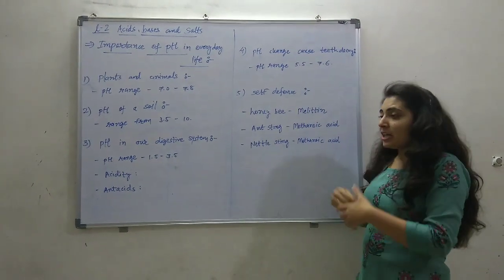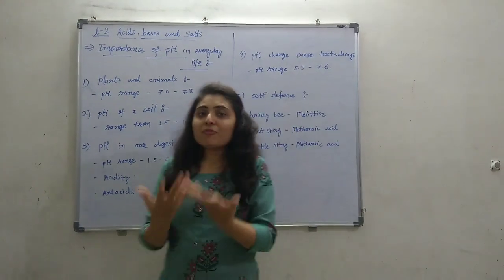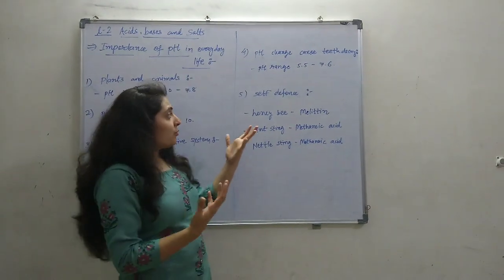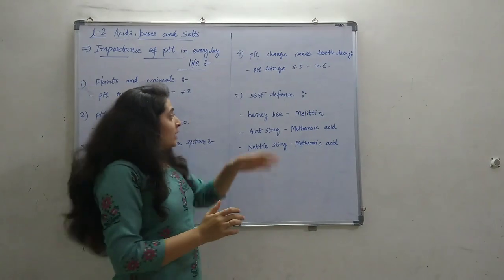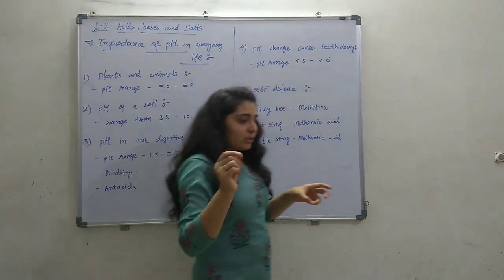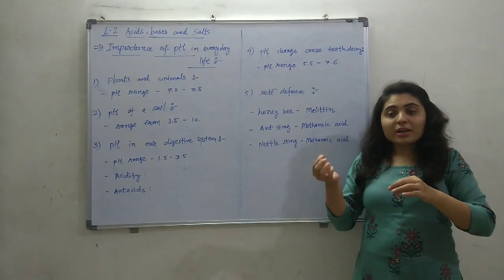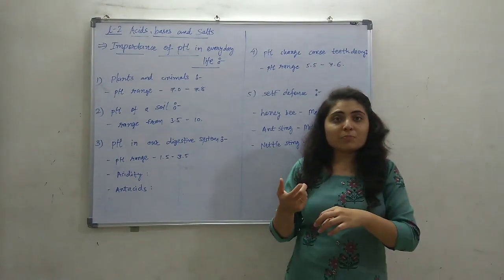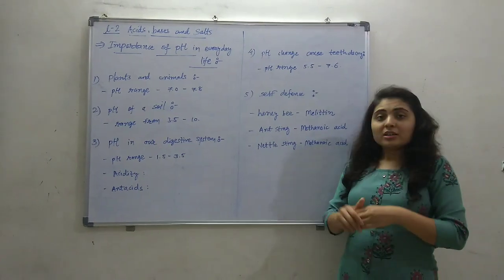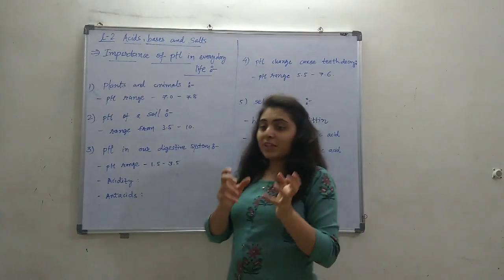Now, self-defense. Sometimes for defense we have to know the pH value. See, whenever a honeybee or an ant stings, why do we get irritation and pain? Because the sting of the honeybee and ant contains acidic material when they bite.